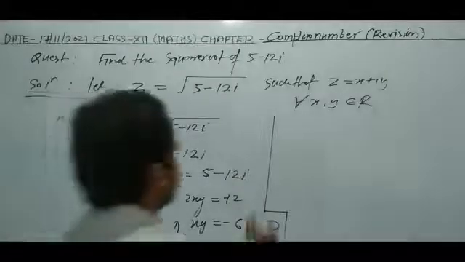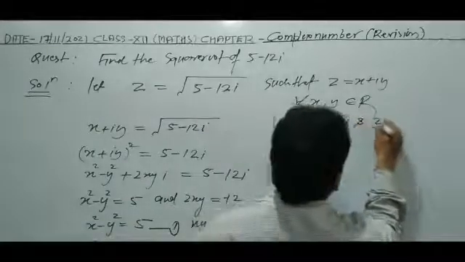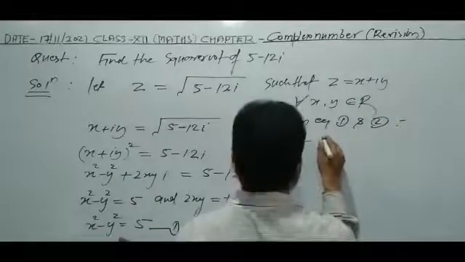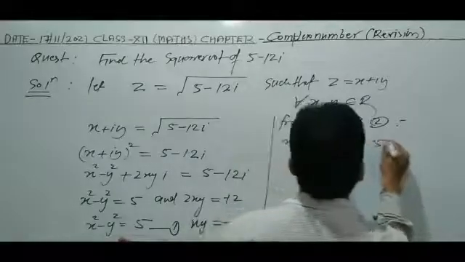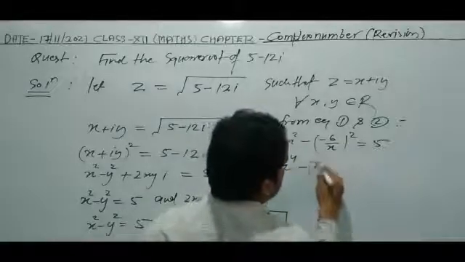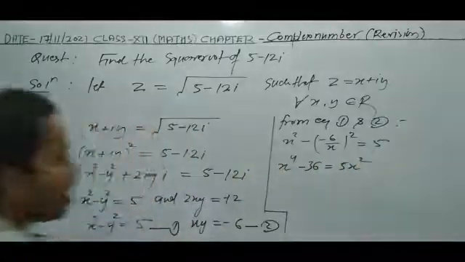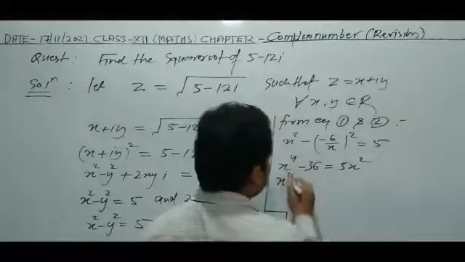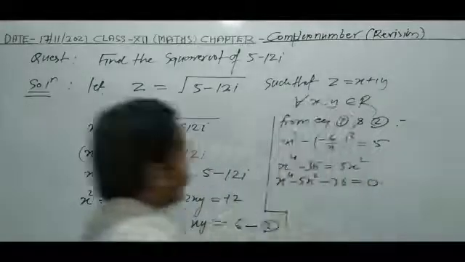So from equation 1 and 2, x square minus minus 6 by x whole square is equal to 5, and the calculation will be x to the power 4 minus 36 is equal to 5x square. So the result will be x to the power 4 minus 5x square minus 36 is equal to 0.